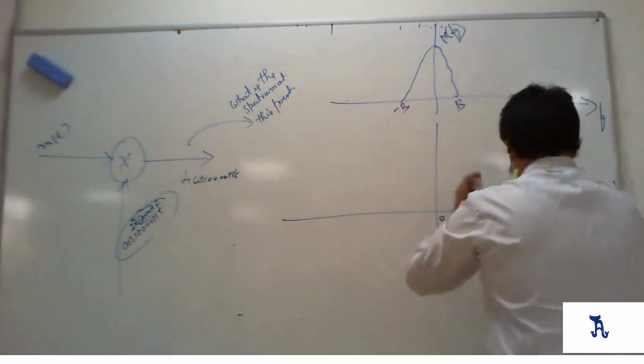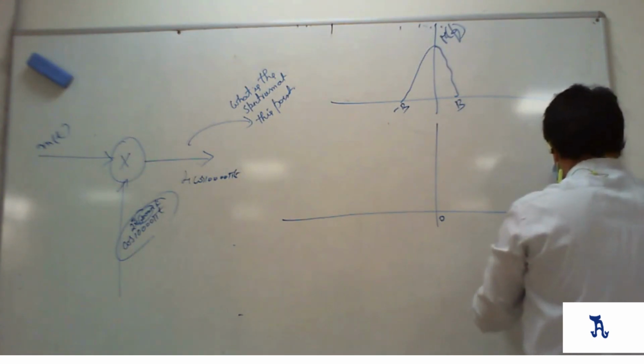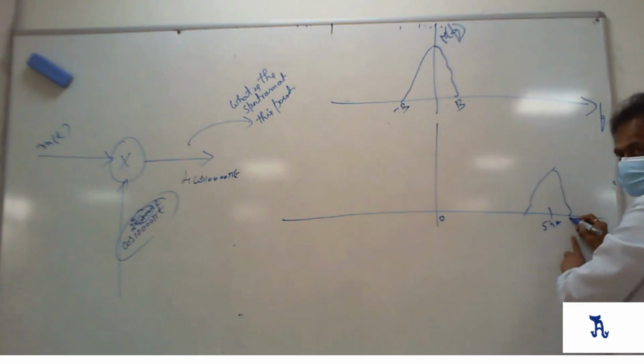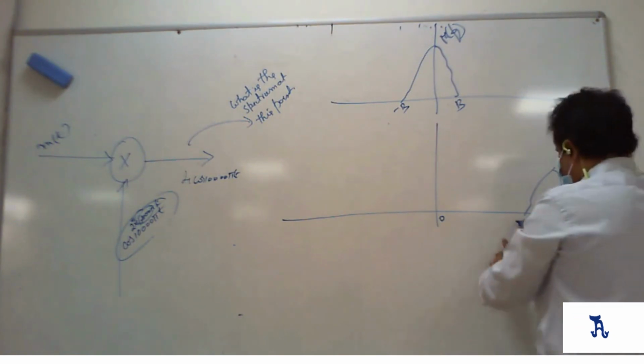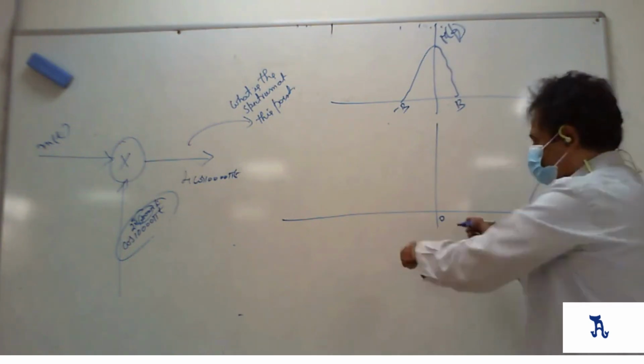So this entire thing will move to 5 kilohertz. I'll draw it like this. What will be the frequency of this? Tell me. 5 kilohertz plus b, 5 kilohertz minus b. Similarly, this side.